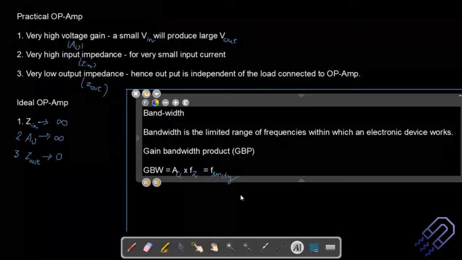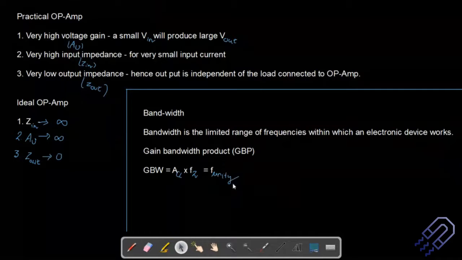This A_CL is the closed loop gain at frequency F2.